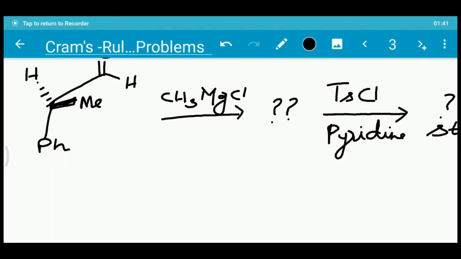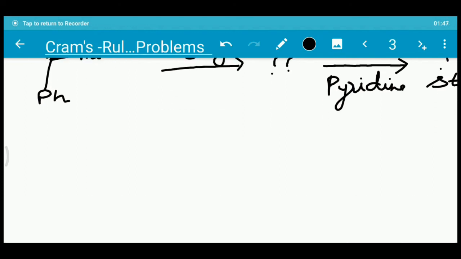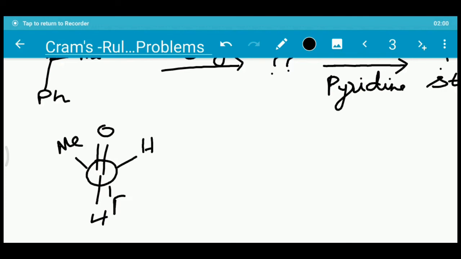We have to apply Cram's rule, as you know. So we will take up the molecule, and we will try to apply Cram's rule and predict the product. I will have my methyl here, my hydrogen here, my phenyl here.